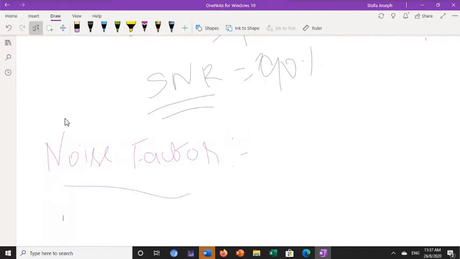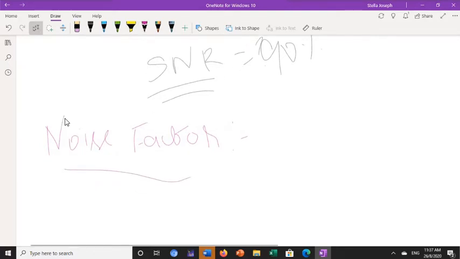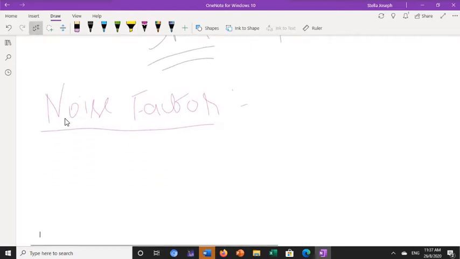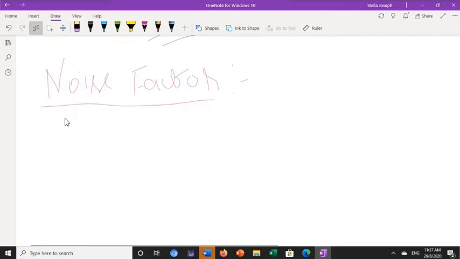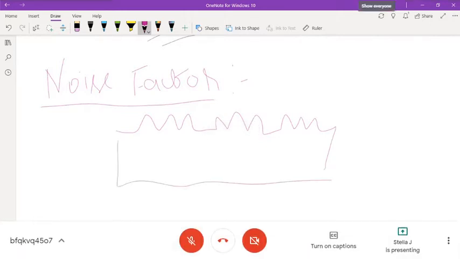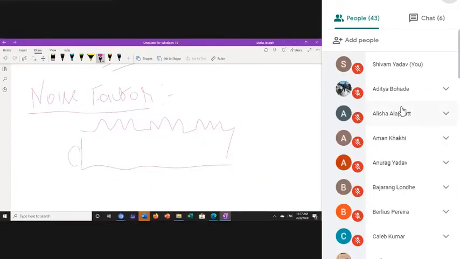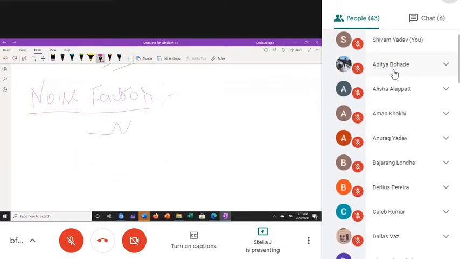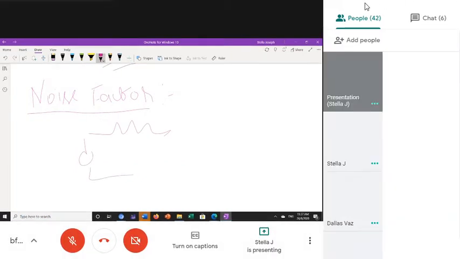Noise factor, what is noise factor? Noise factor is the amount of SNR when it passes through a series of circuits. Consider I'll draw this.